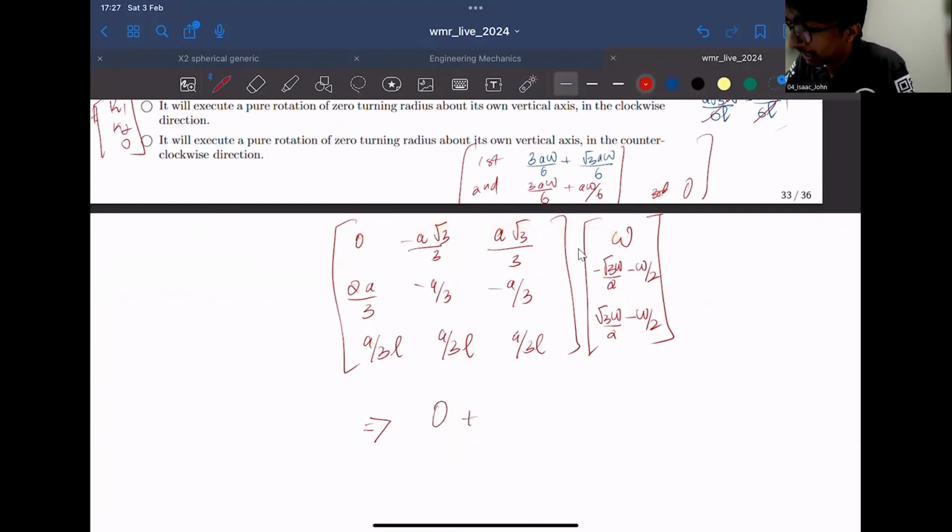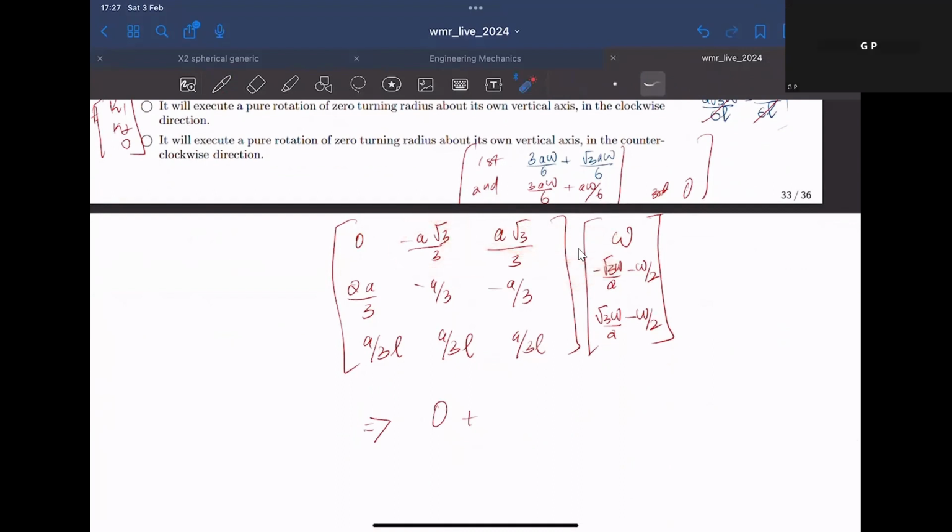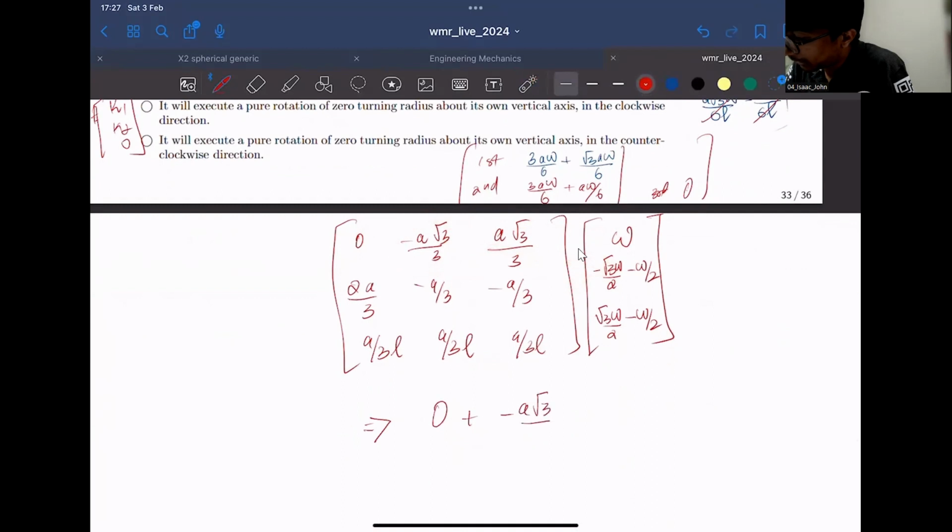plus what do we have actually? This term multiplied by this term. So that is minus a root 3 by 3 multiplied by minus root 3 omega by 2. Then it also has a second term, minus a root 3 by 3 multiplied by minus omega by 2.